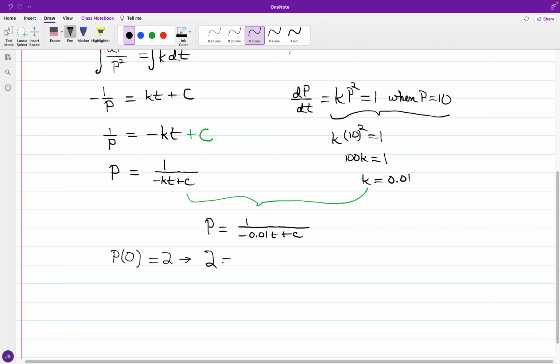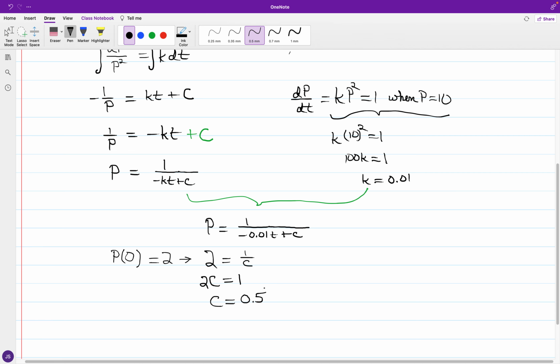And with t at 0, we had that 2 is equal to 1 over c. And obtaining the value of the constant, c is going to be equal to 1/2, and I'll just go ahead and write this as a decimal.